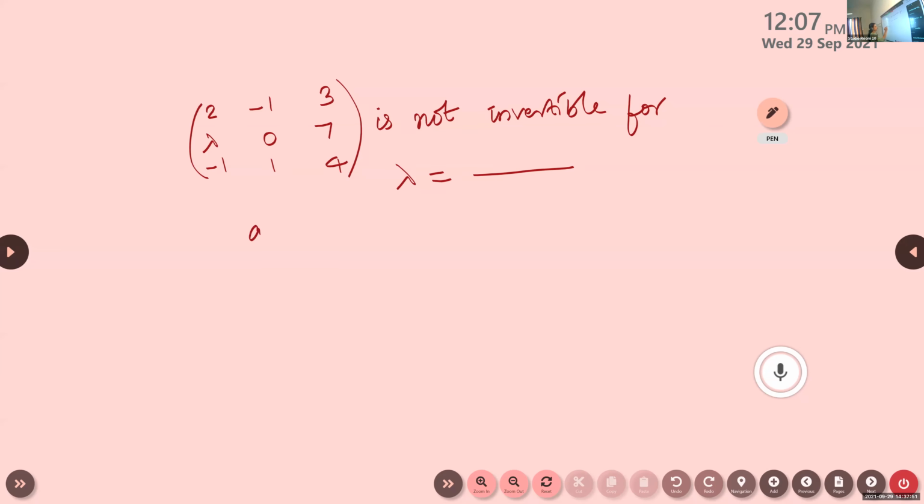The four options are A minus 1, B 0, C 1, D R minus 1. So that means all the real numbers except 1.